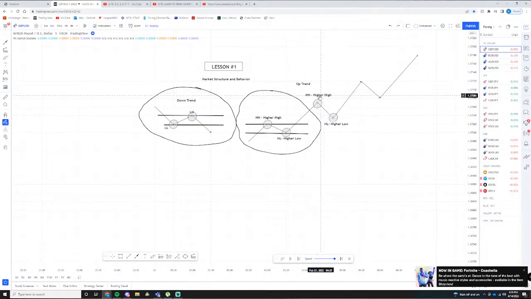That is just the way the market works, my friends. That is what we are looking for, and that is how you make money. Because most traders, they see the markets pushing up.